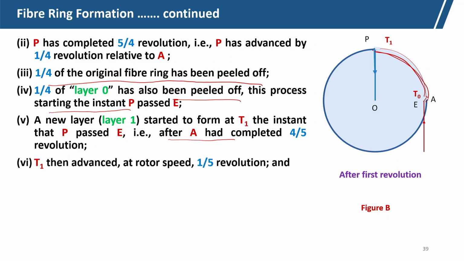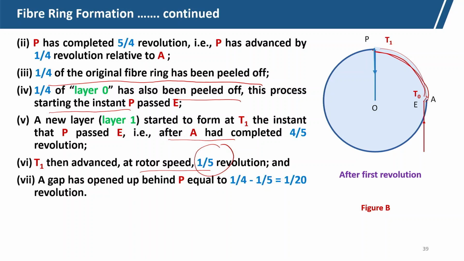Then the T1 point advanced by 1/5 of a revolution at the rotor speed, and a gap has opened up behind P. So, 1/4 by 1/5, that is, a 1/20th gap has been generated behind P.